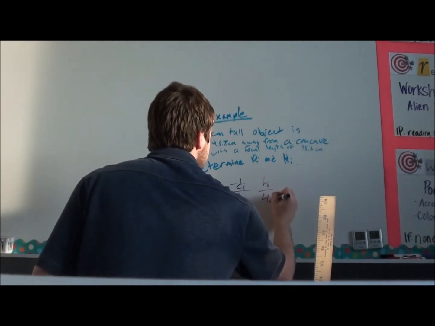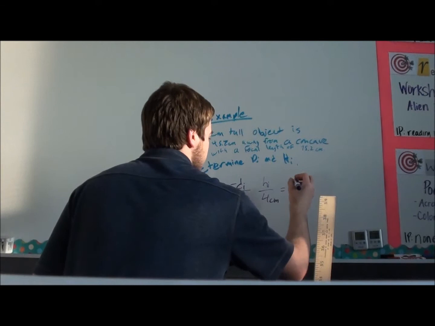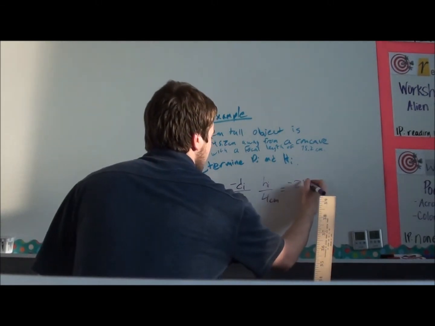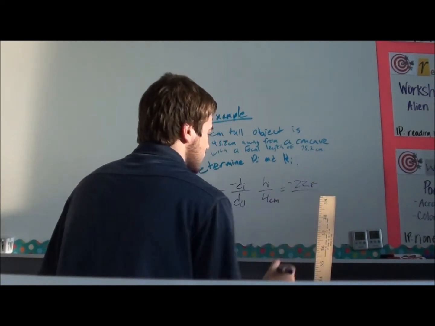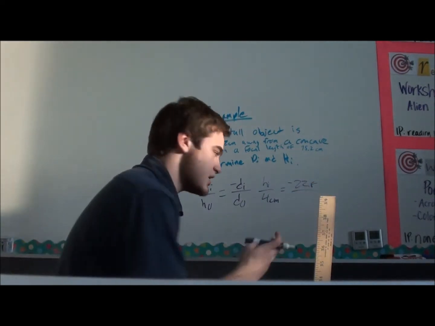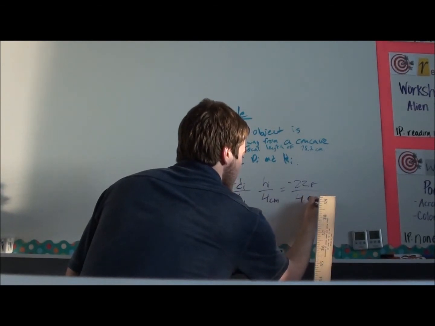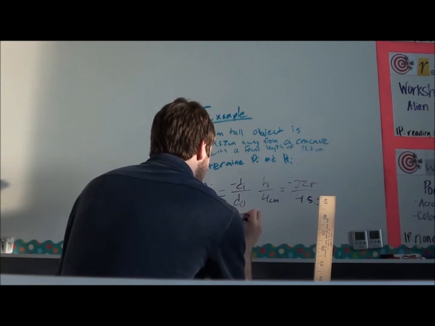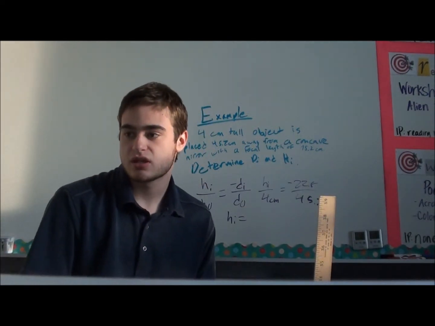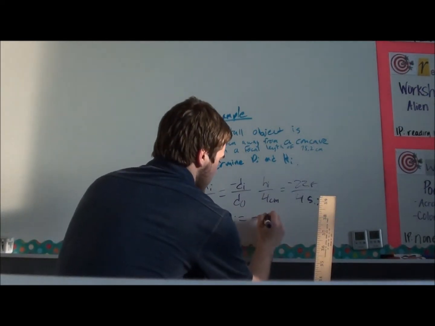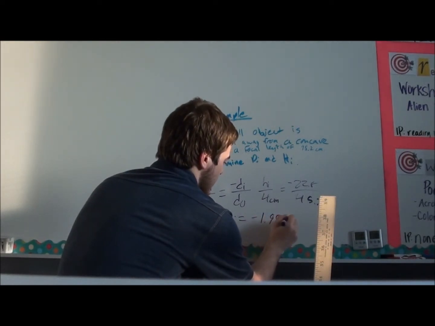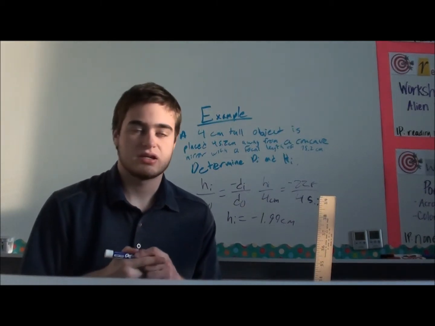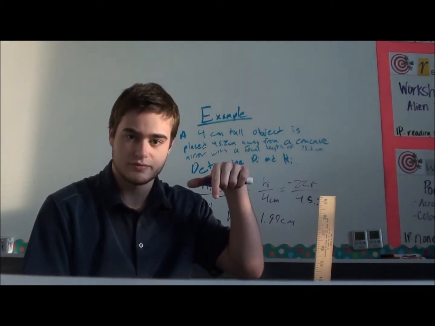Hi over 4 centimeters is equal to negative 22.8 over 45.7. Do the math again, and we get our image's height to be negative 1.99 centimeters. We know that it is negative because the image is going downwards.